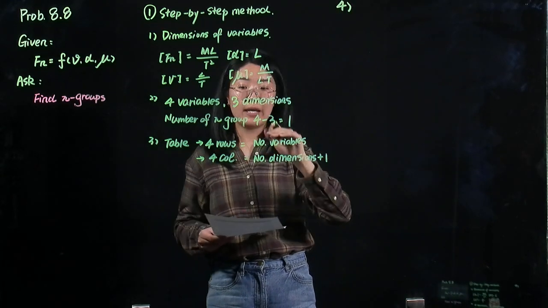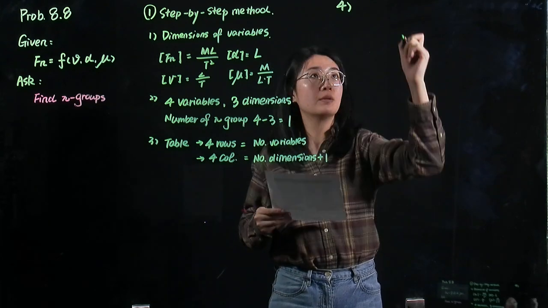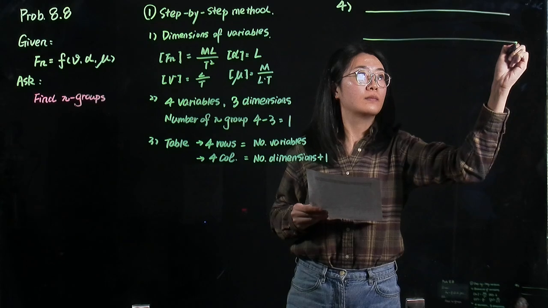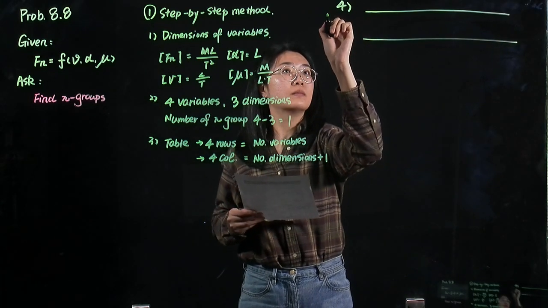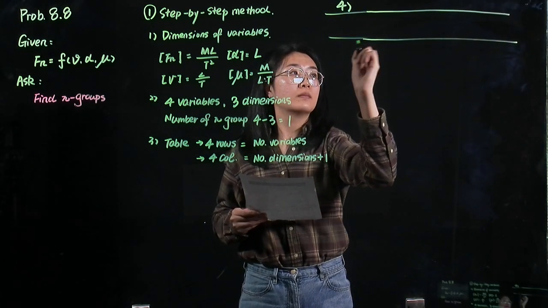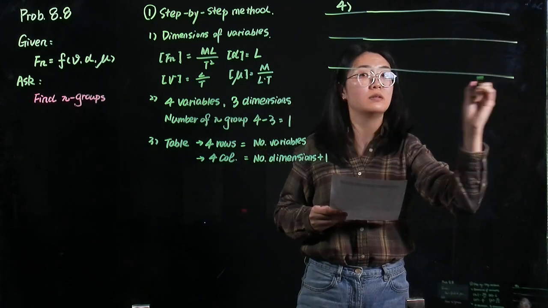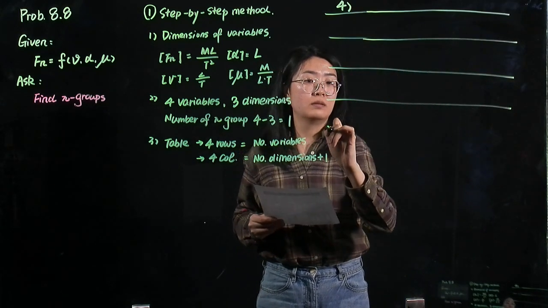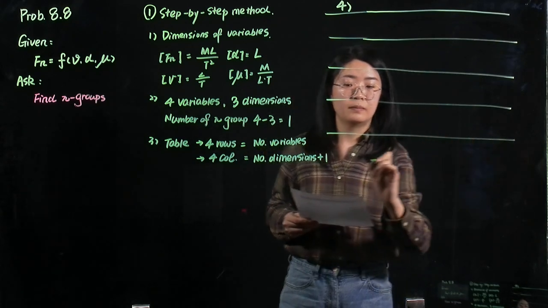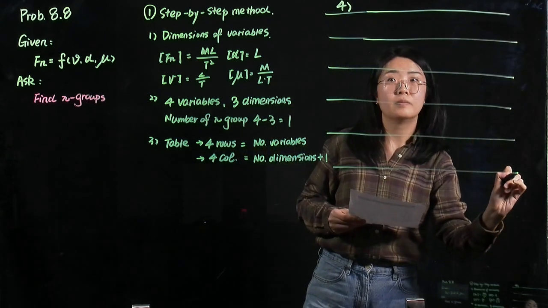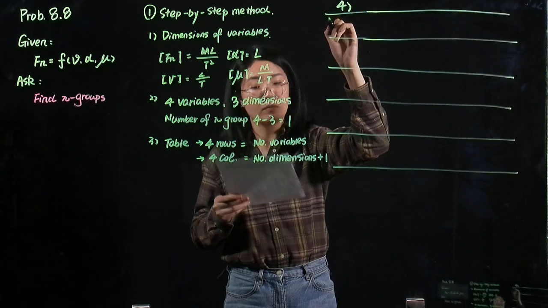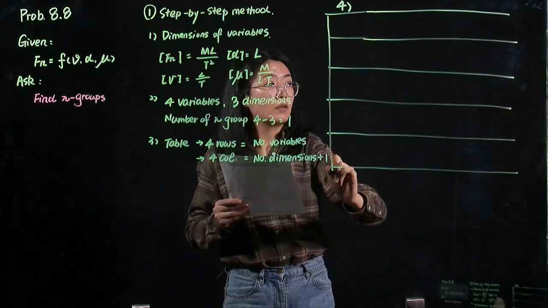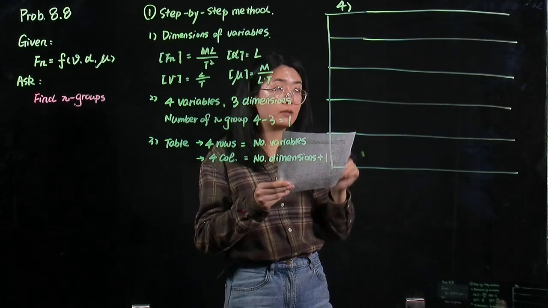As I just mentioned, we have 4 rows and 4 columns.